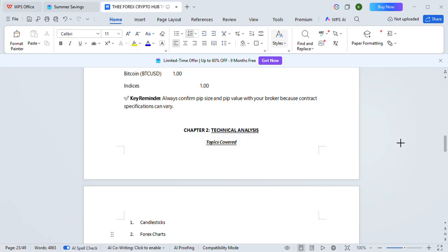Okay, just look at it. 1550 pips. What? It's okay. So what was I saying?